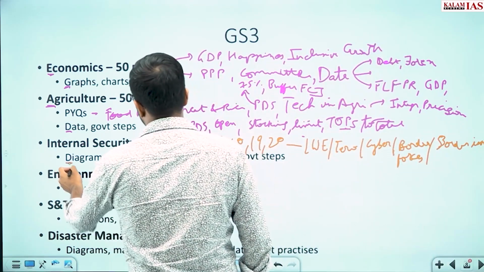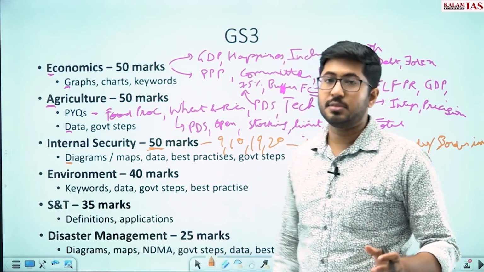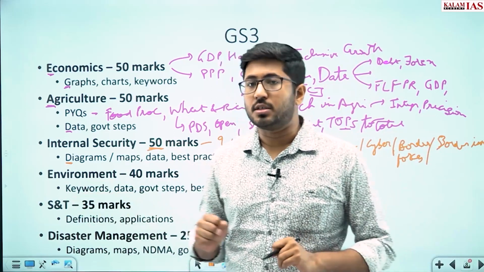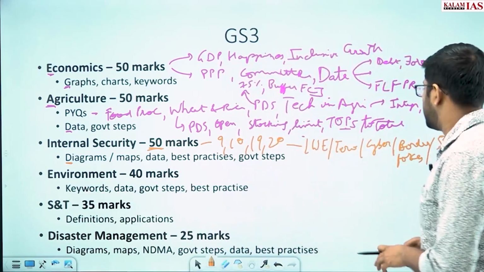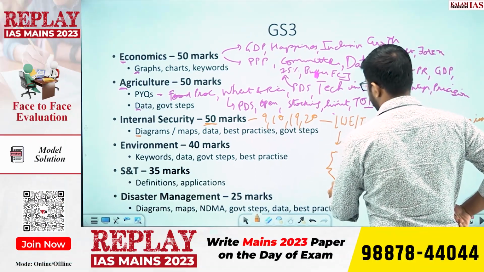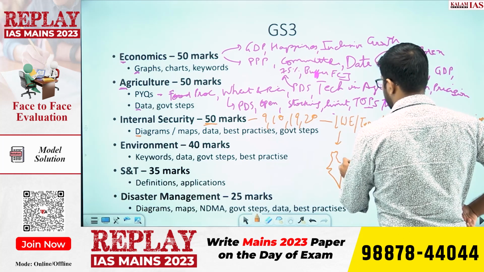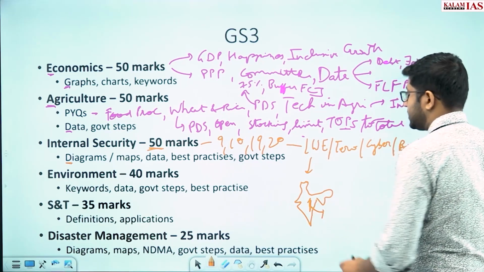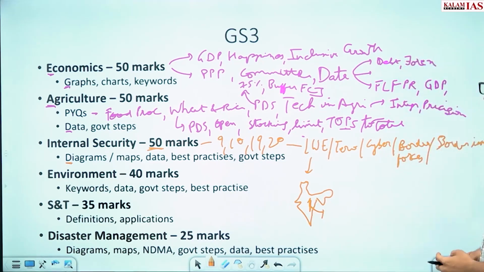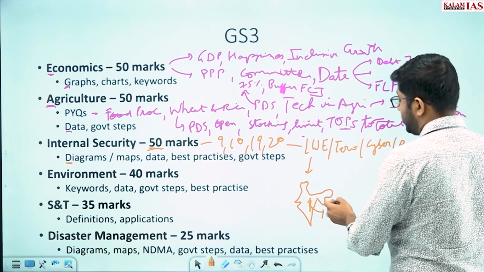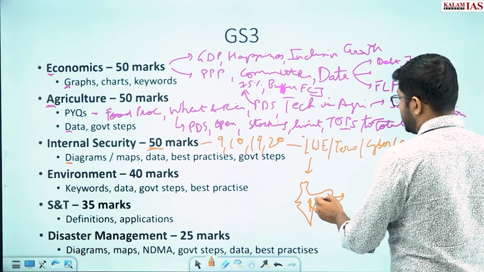First is diagram. You can draw a lot of maps. You can tell the linkages between organized crime and the terrorist organization, state and non-state actors. Or suppose the question is on left-wing extremism, you can show the red corridor. You can make a small India map like this, and you can say, okay, this part is still red corridor, that Naxalism is still present in this part of India. And then in border forces, obviously you can mark what forces you have in what region, like Assam Rifles is there or BSF is there.